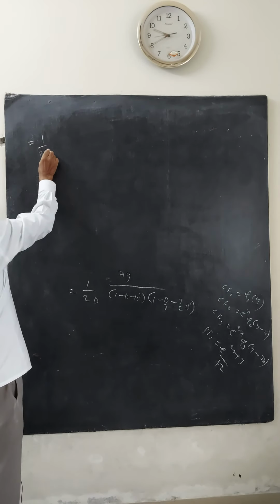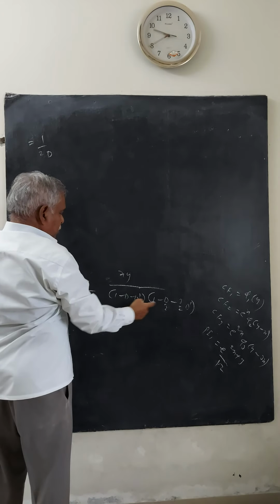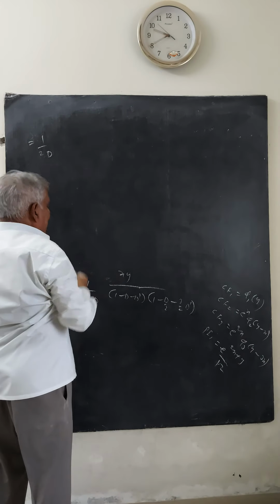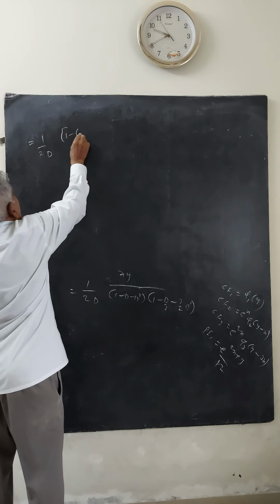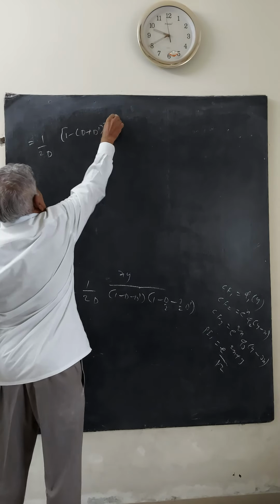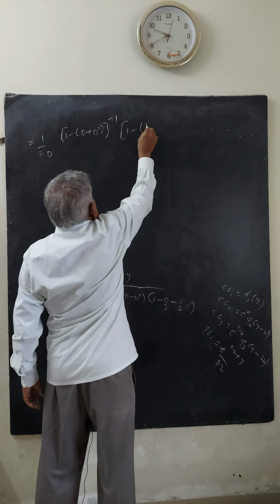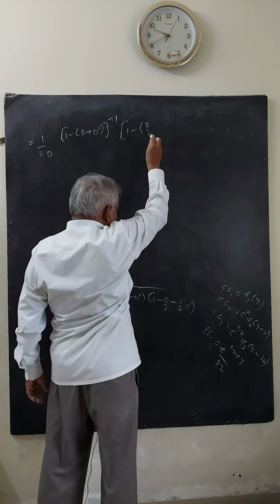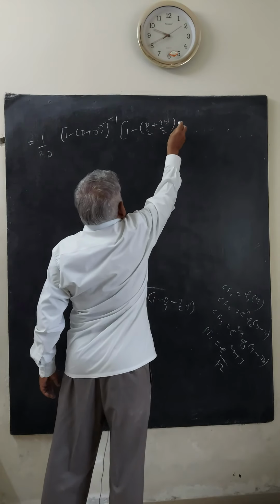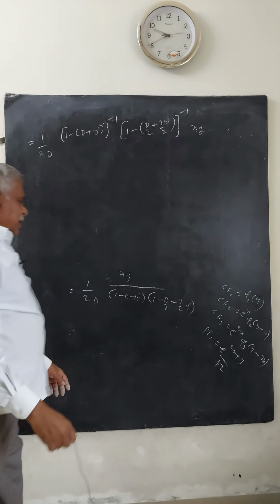Equal to 1/2 [1 - (D + D')]^(-1) [1 - (D/2 + 3D'/2)]^(-1) of xy.